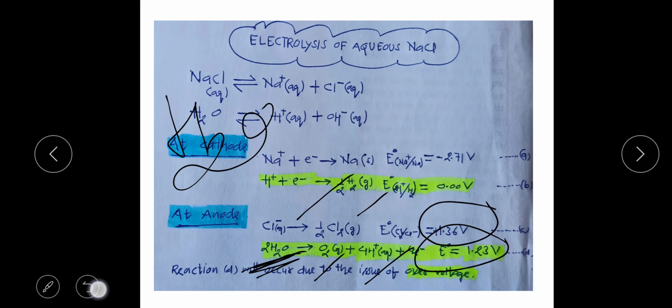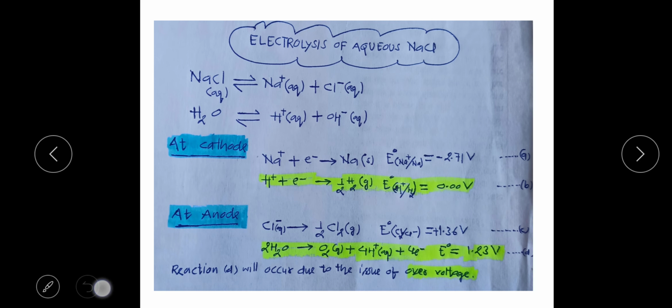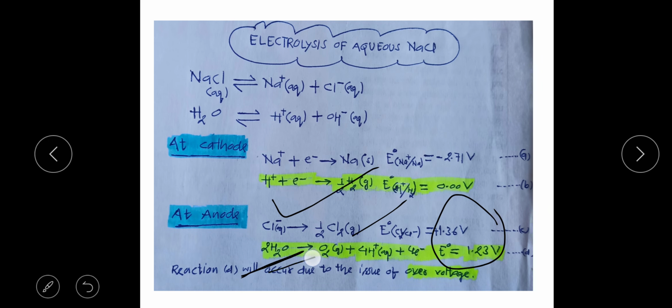So I'll again make you understand why it happens like that. Seeing the reduction potential, oxidation of water should take place, but in reality, oxidation of chloride ion takes place. There is production of chlorine, and it happens because of overvoltage. Because in the oxidation of water, there are two steps.